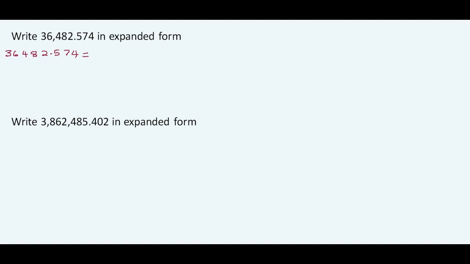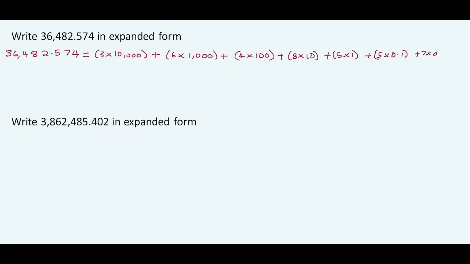So we have 3 multiplied by 10,000 plus 6 multiplied by 1,000 plus 4 multiplied by 100 plus 8 multiplied by 10 plus 5 multiplied by 1 plus 5 multiplied by 0.1 plus 7 multiplied by 0.01 plus, now we have 3 numbers after the decimal, we have 4 multiplied by 0.001.